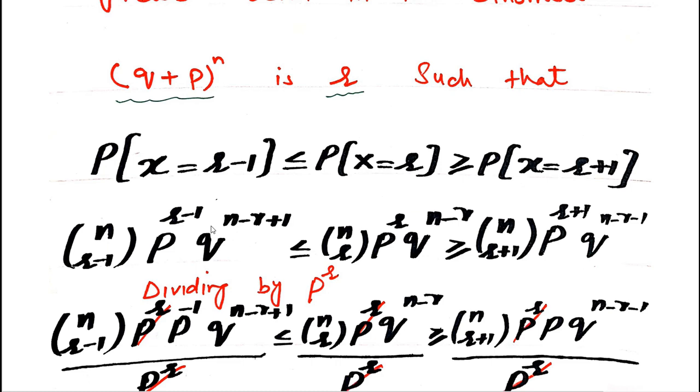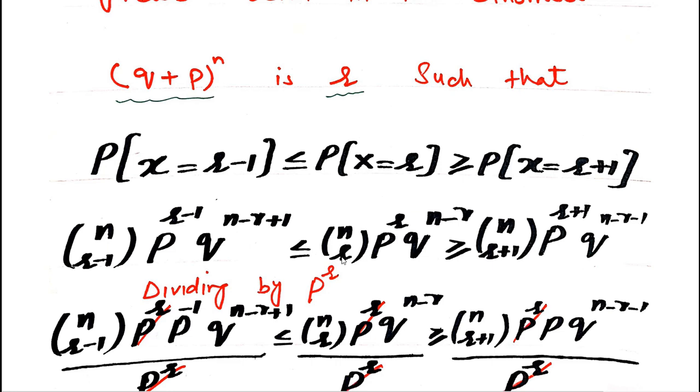Now we put in the formula of binomial distribution. The PDF of binomial distribution is nCx p power x q power n minus x. So nC(r minus 1) p power r minus 1, q power n minus r plus 1 (the difference of these two terms: n minus r minus minus plus 1).